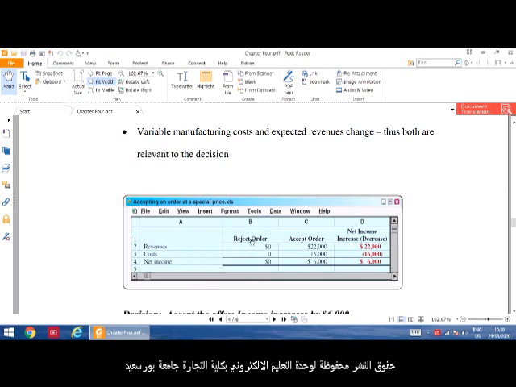Here, under the first alternative, reject the order: revenue 0, cost 0, net income 0.